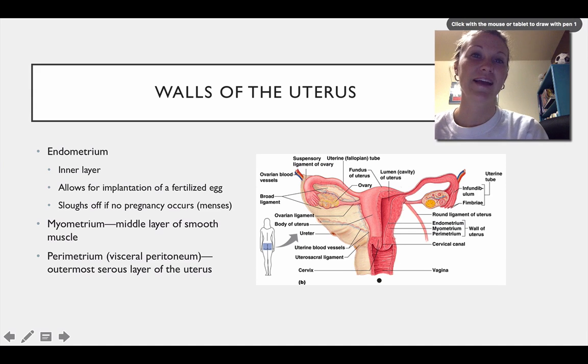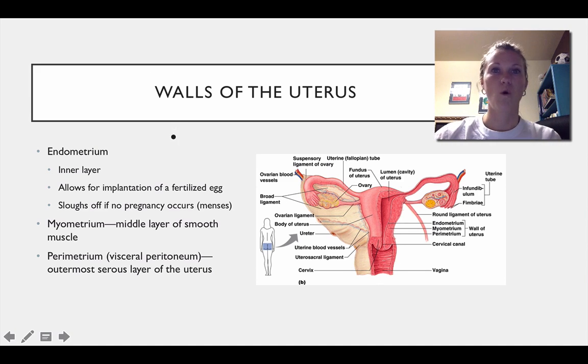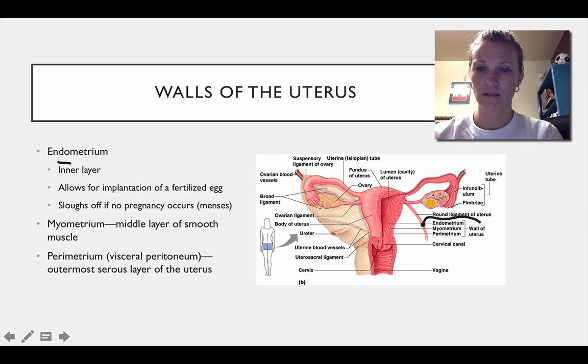There are a couple of layers to the walls of the uterus. The endometrial layer is the innermost layer. Endo means inside, and it allows for implantation of the fertilized egg.